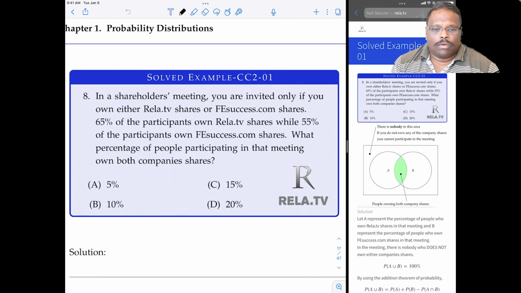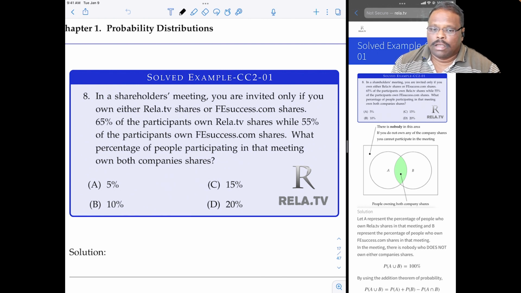So if you own one of the company's shares, either one of them, then only you can participate in that meeting. Obviously, if you don't have any business with any of these companies, you are not invited. In that meeting, 65% of the participants own Relative shares, and 55% of the participants own FEsuccess.com shares.